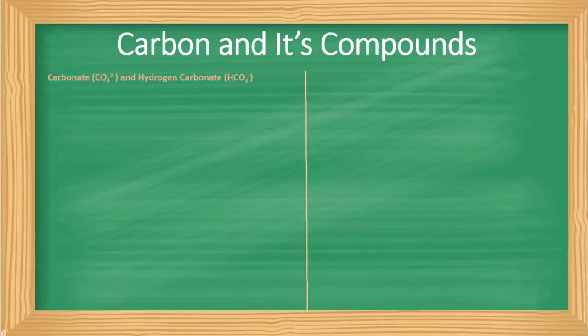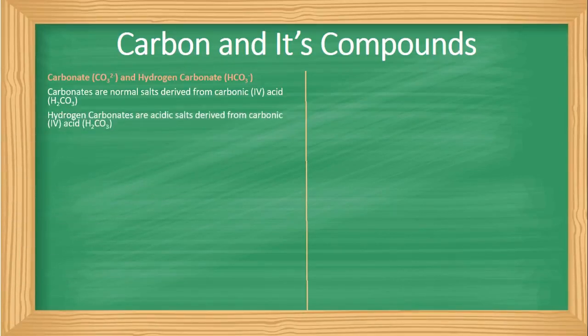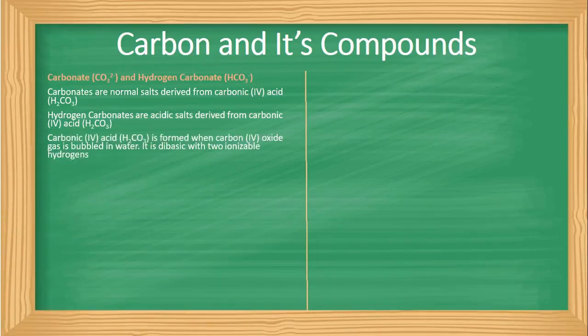Now let us look at other compounds of carbon called carbonates and hydrogen carbonates. Carbonates are normal salts derived from carbonic acid, while hydrogen carbonates are acidic salts that are derived from carbonic acid also.